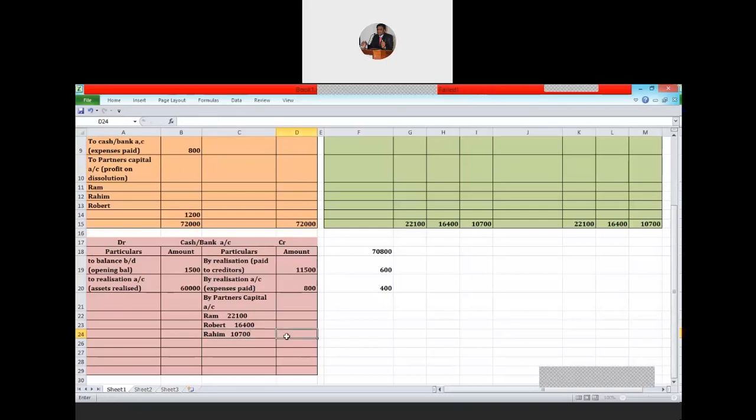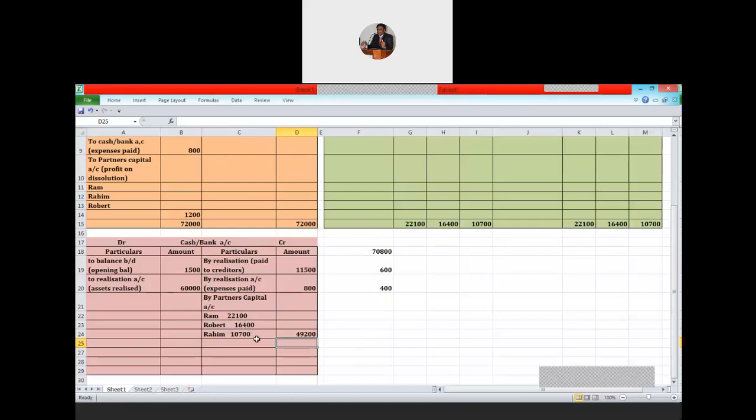So the total final settlement is 49,200. That is the share of Ram 22,100, share of Robert 16,400 and Rahim's share 10,700.